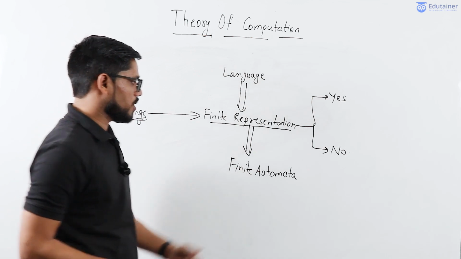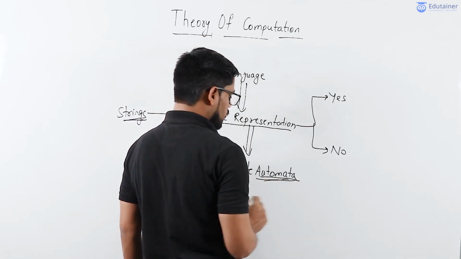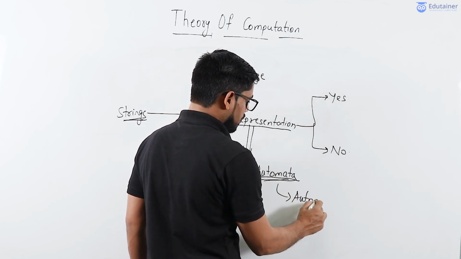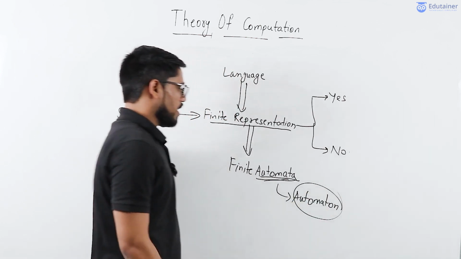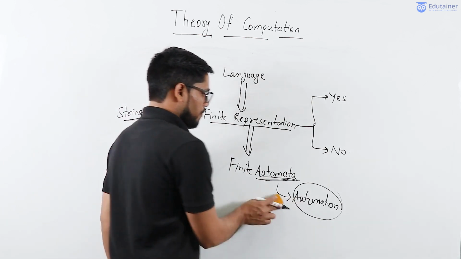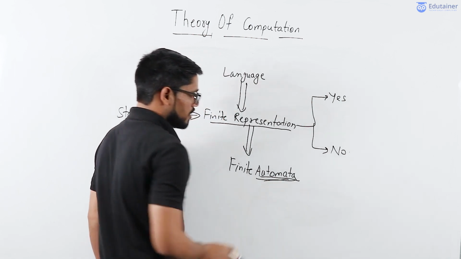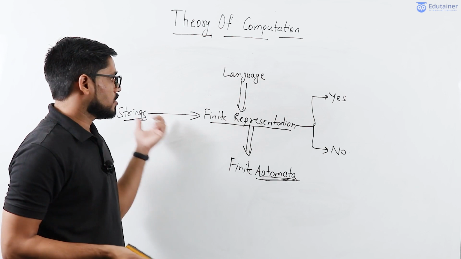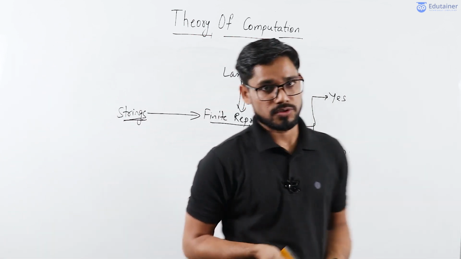Actually, this word finite automata comes from the word automaton. Automaton is the singular word and automata is the plural word, and it comes from automaton. So an automaton is a simple machine or representation in this subject which can definitely answer whether a string belongs to the language or not.